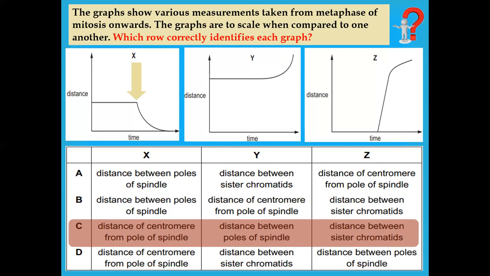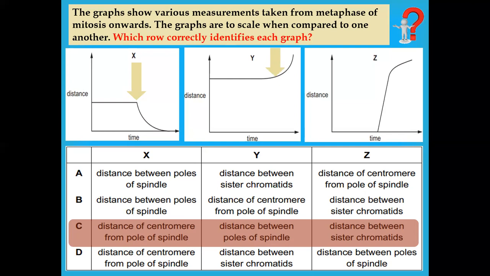This distance was at a certain point, and after the metaphase, when these two chromatids move apart from each other and reach the pole, this distance becomes 0. While in the Y, when we see the distance between the poles of the spindle, it was maximum.